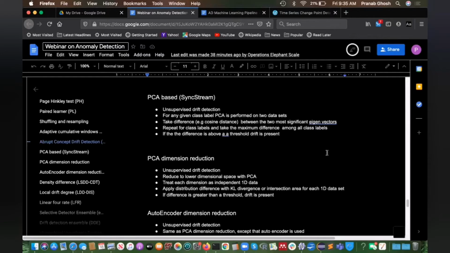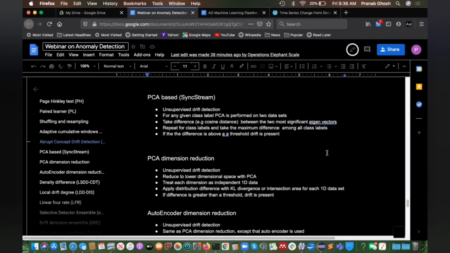PCA based. You have multivariate data, so you do PCA. PCA essentially does dimensionality reduction, right? It defines your data in a reduced dimension space, and each of those dimensions is kind of independent of the others.